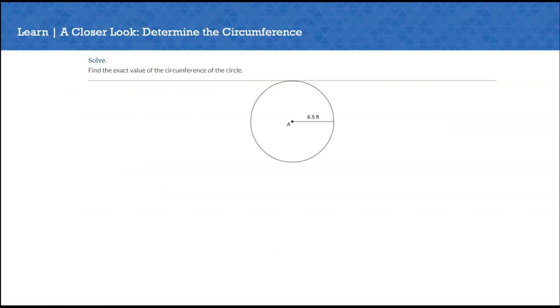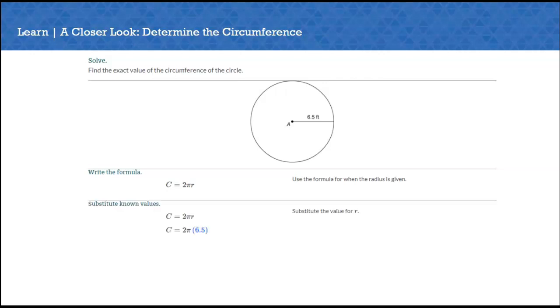Here we're going to find the exact value of the circumference of the circle. They've given us the radius, 6.5. So we're going to use the formula that we use when the radius is given. This is circumference, or C, equals 2 pi r. So we're going to go ahead and multiply 2 times pi times 6.5.